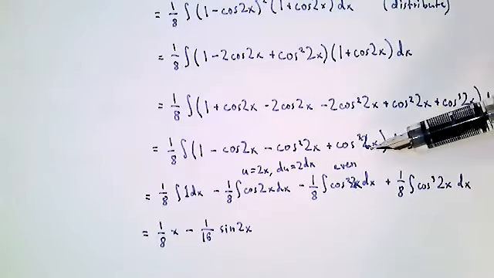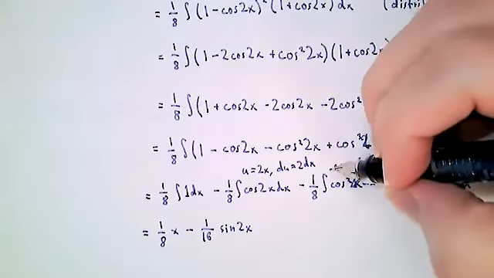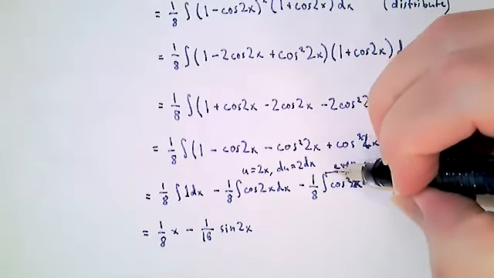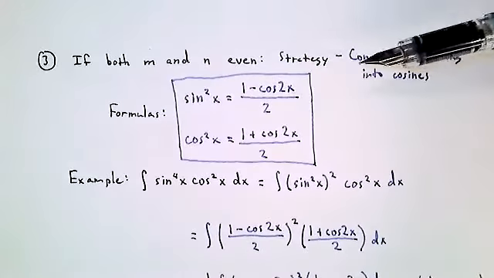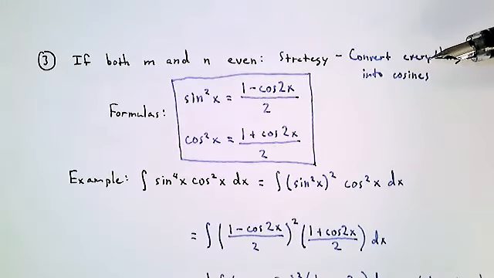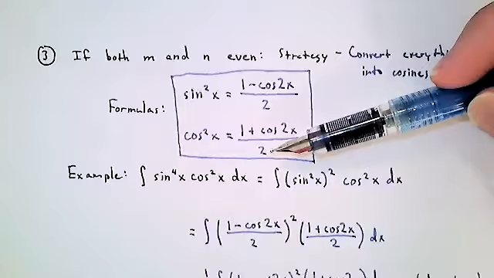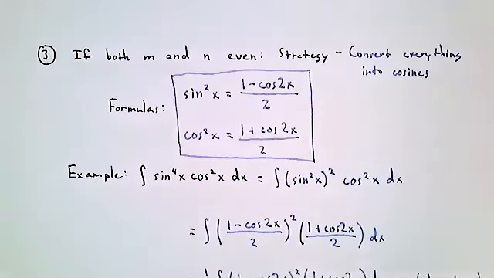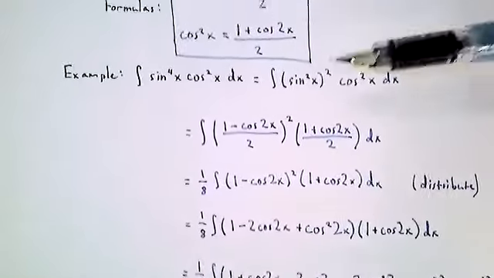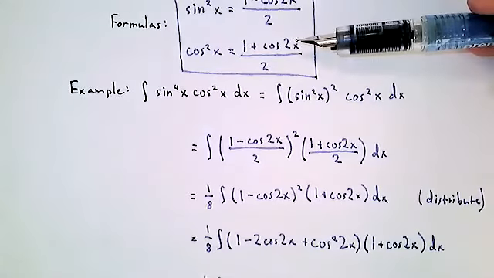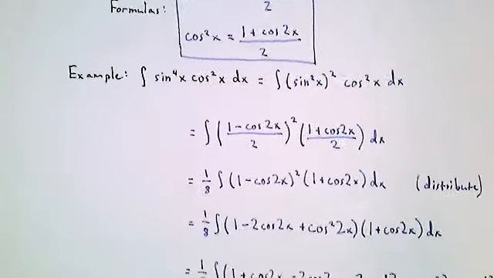That means we'll have to apply our strategy again for when we have even powers. Convert everything into cosines using these two formulas. Except now I have a cosine of 2x, cosine squared of 2x. So when I multiply by 2 again, I'll get a cosine of 4x.